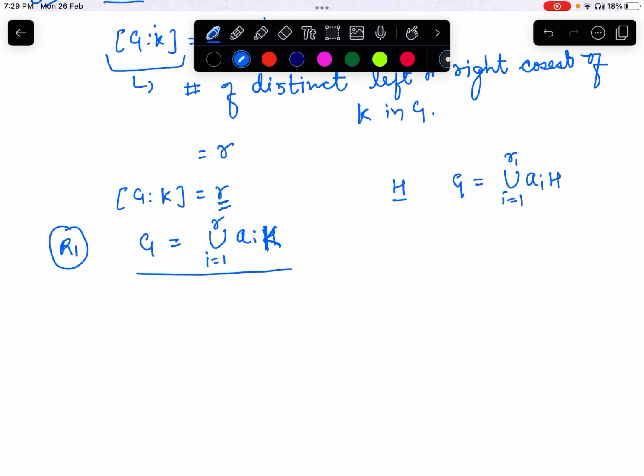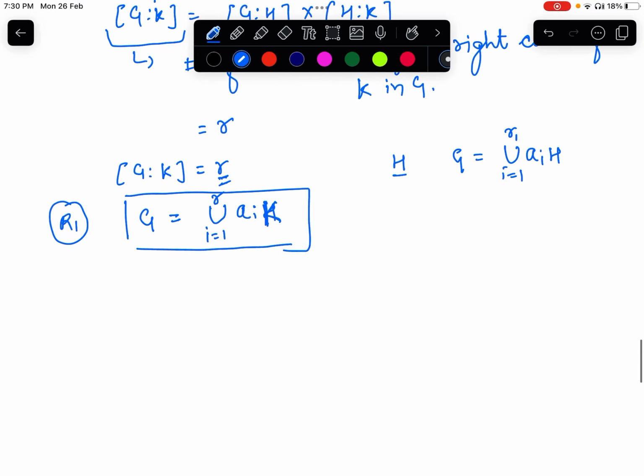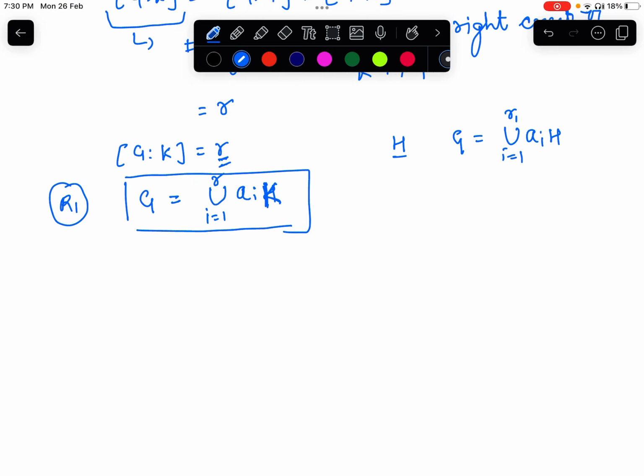Later in the video we will prove that G can be written as a union of distinct left cosets. Now, what is the cardinality of A_i K? Cardinality of A_i K is equal to cardinality of A_j K is equal to cardinality of K. This is result 2.